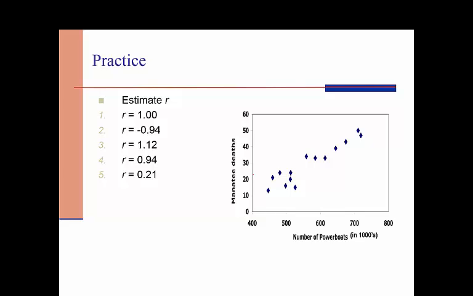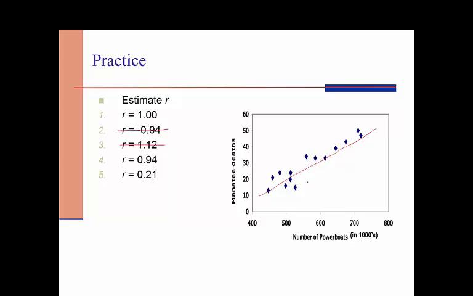Okay, so you know that there is a positive relationship between them, right? So there goes this answer, right? You know R value cannot be more than 1. It's between -1 and +1, so there goes that answer.